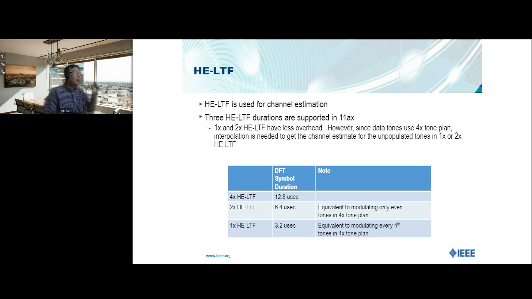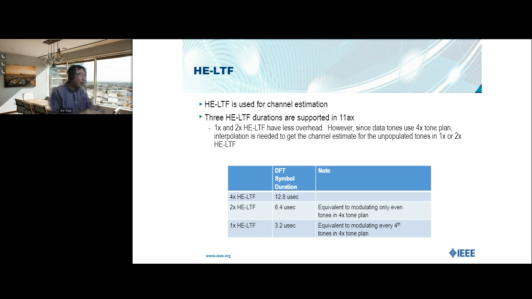Okay. By the way, mathematically, 2x LTF is equivalent to the 4x LTF modulated on every even tone. And 1x LTF is equivalent to modulating every 4th tone in the 4x tone plan.